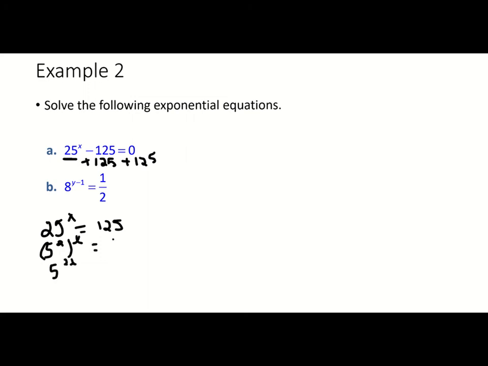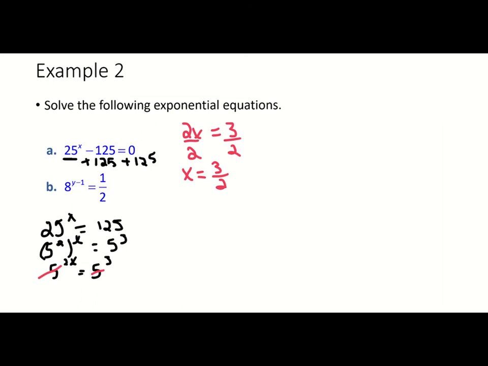And then 125 is 5 to the 3rd power, so it equals 5 to the 3rd power. So again, ignore the bases once they're the same, and really the equation we're going to solve is 2x equals 3, and we'll divide both sides by 2, so I get x equals 3/2, and that's the answer to my equation. So x is 3/2.